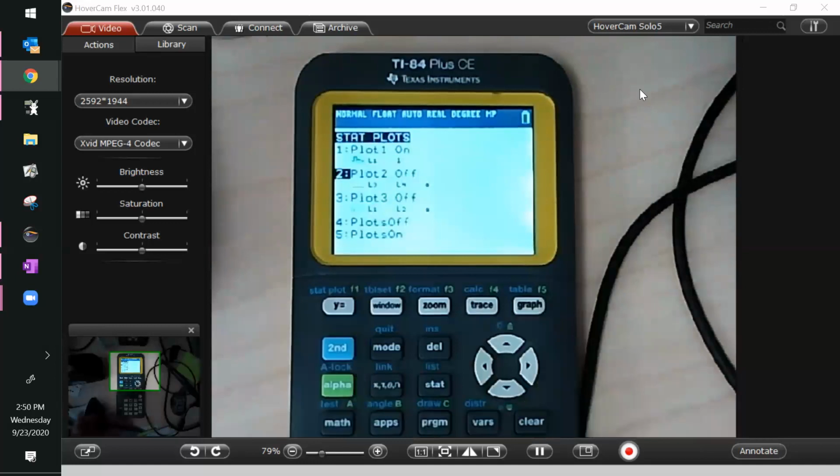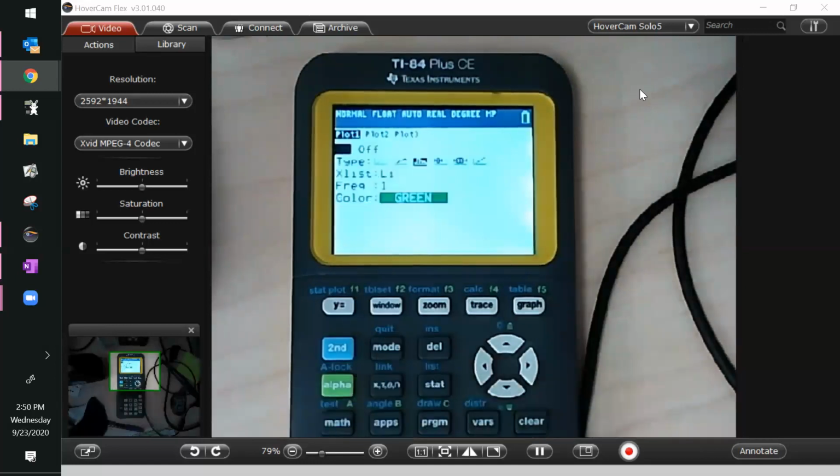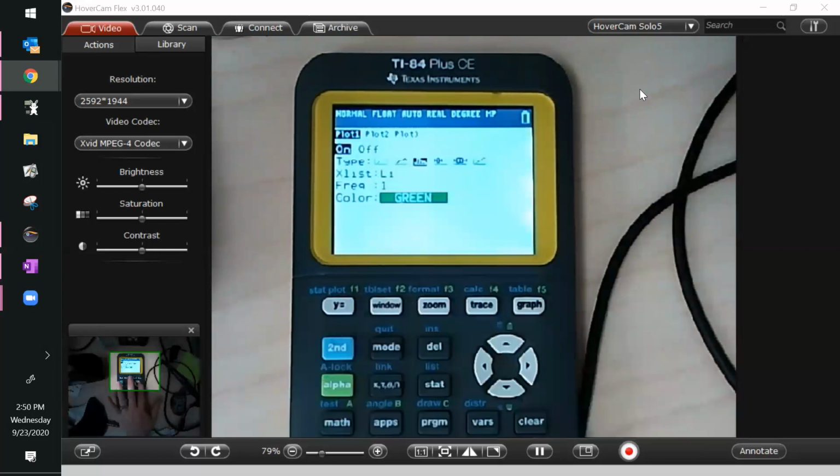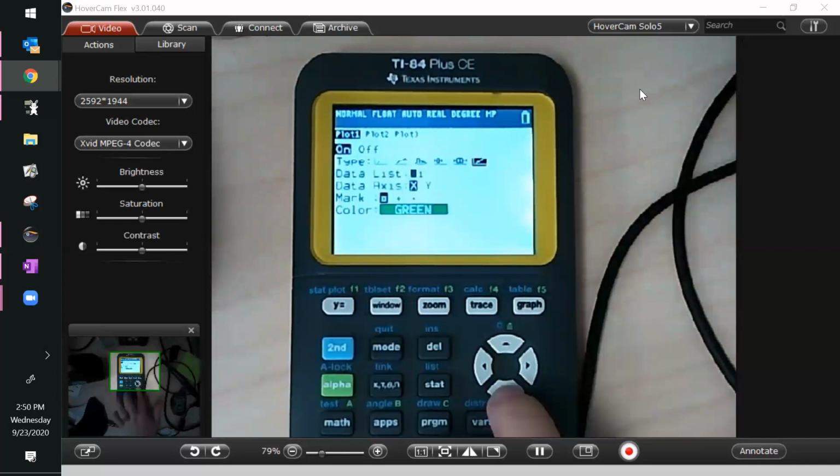So I'm going to go to stat plot 1, and I'm going to make my screen look like this. I'm going to turn it on, which it already is, and I'm going to choose the last type here, which looks like that. When I choose that, I get some new options. It asks where I want my data to come from, and I want it to come from list 1. That's where we put it.